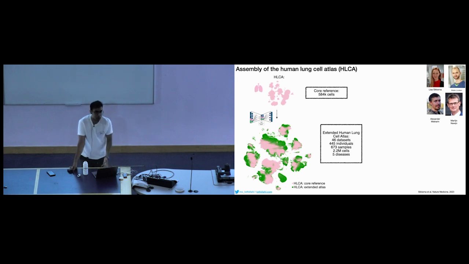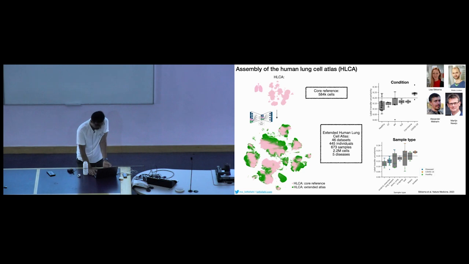But you have some knowledge about the existing ones, like batch, disease, age, sex, and other metadata, and you could correct for them. But you might overcorrect or undercorrect, so that's why you need metrics, and people are designing metrics to check this, because there's a trade-off between integration and preserving biological variation. You can't optimize both at the same time.